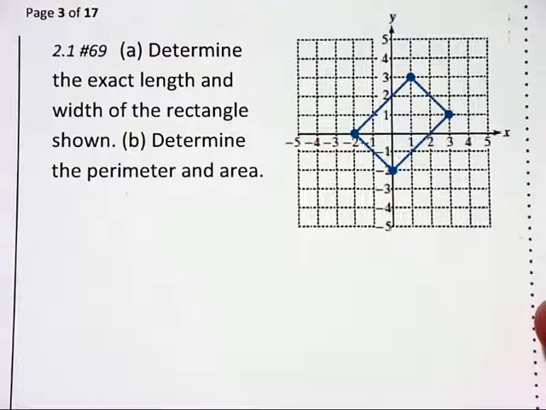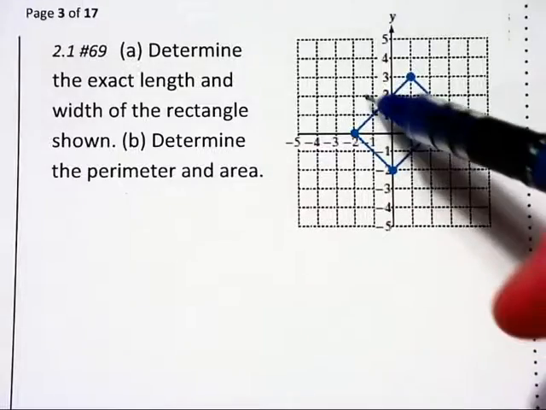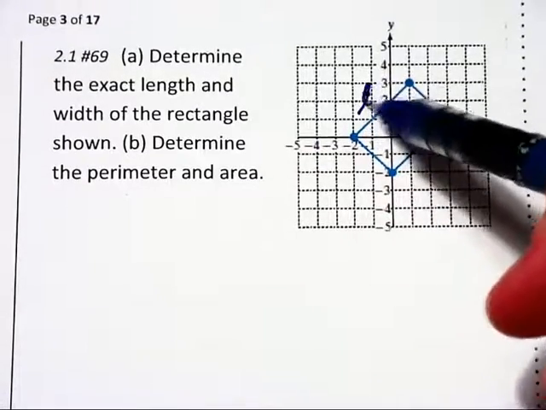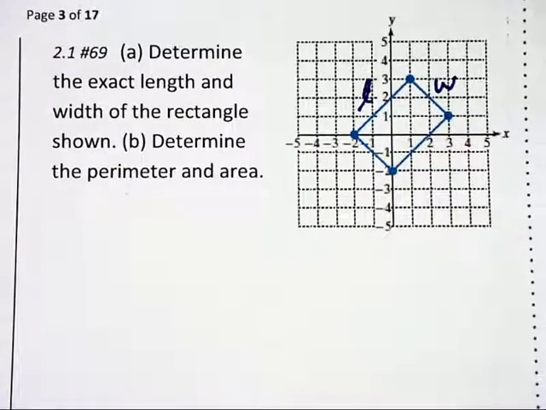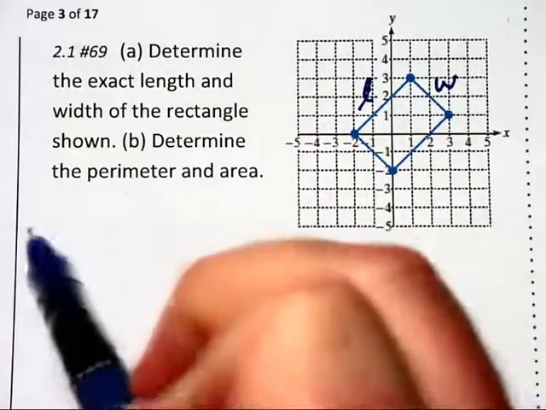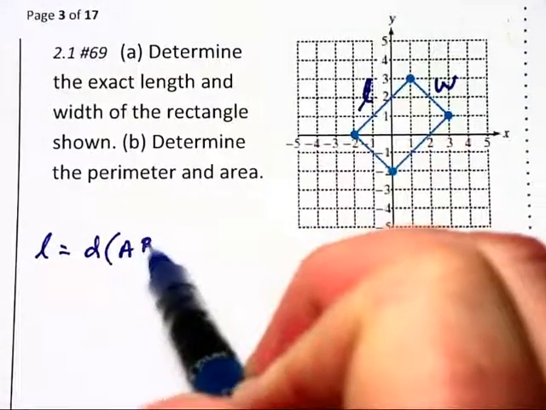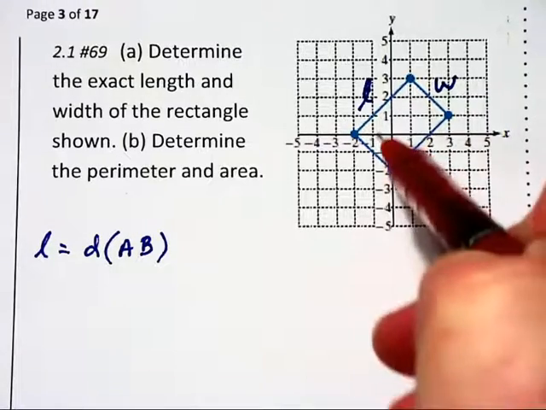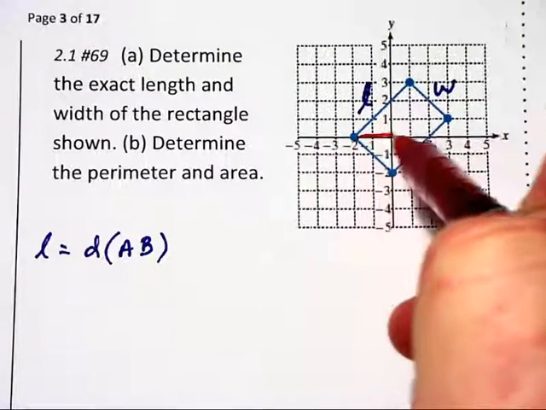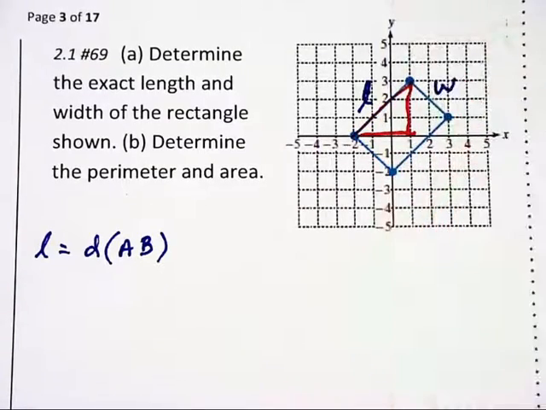I want to find the length and width of this rectangle. For starters, I'm going to call this side the length and this side up there the width, labeling them with L's and W's. So the length is going to equal the distance from A to B, and rather than doing the distance formula, I notice that I have a right triangle here with two sides of 3.